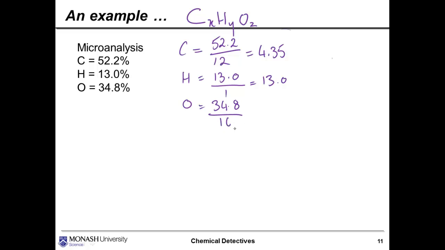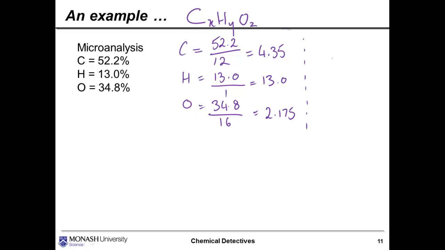It has an atomic mass of about 16, I'll round that off to the nearest single digit. 34.8 divided by 16 equals 2.17. So what I have here is a ratio which corresponds to the empirical formula for this molecule.